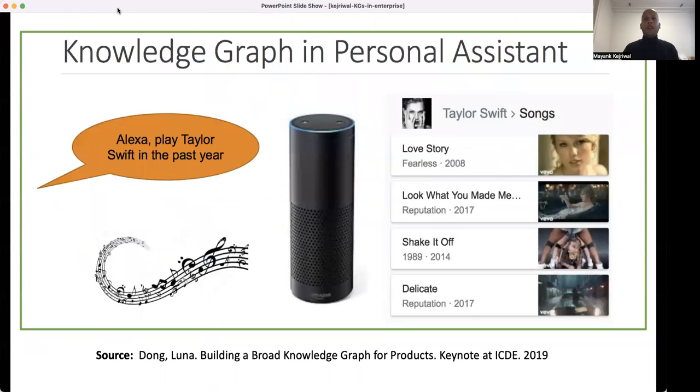Here's just one specific example, which is the knowledge graph in personal assistance in Alexa. This was from a talk that was given by Luna Dong, who was then at Amazon and worked on the Amazon knowledge graph. I'm just giving this example to show how Amazon has also leaped on this and is using a knowledge graph in its products.